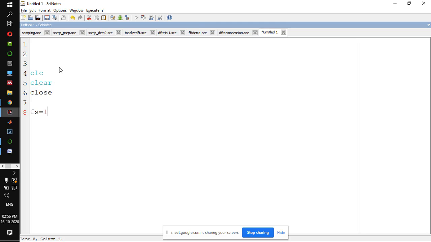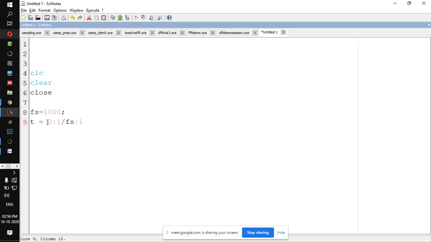I'll take the sampling frequency as 1 kHz, and I'll define time, varying from 0 to 1 second in a time step of 1 by sampling frequency. What is the value of 1 by sampling frequency? My time starts from 0 and ends at 1 second in a time step of 0.001. But instead of directly writing 0.001, I have written it in terms of sampling frequency.